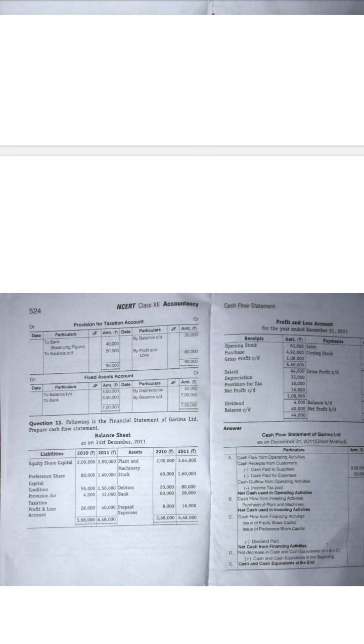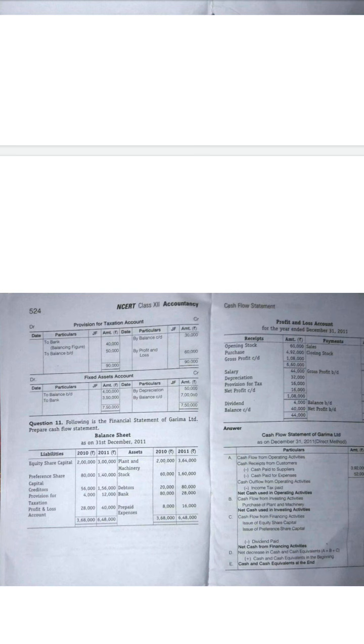For the provision for taxation account, I already explained that provision for taxation is a liability. A liability is a credit balance, so the opening balance will be on the credit side, and the closing balance comes on the debit side.